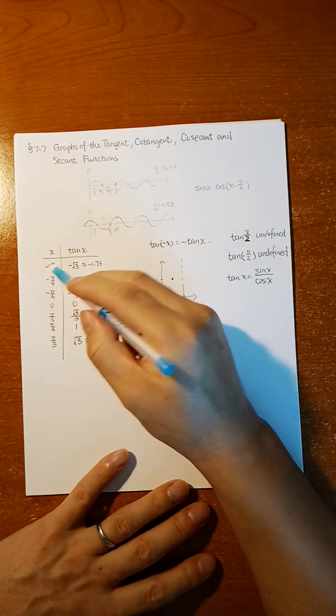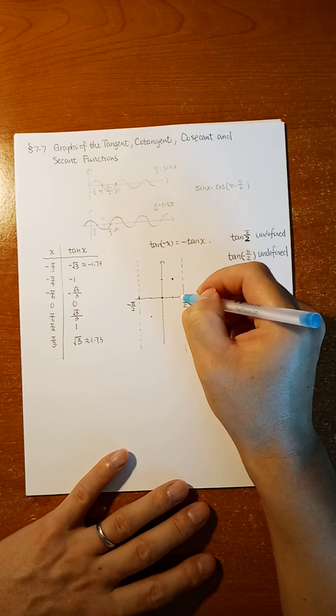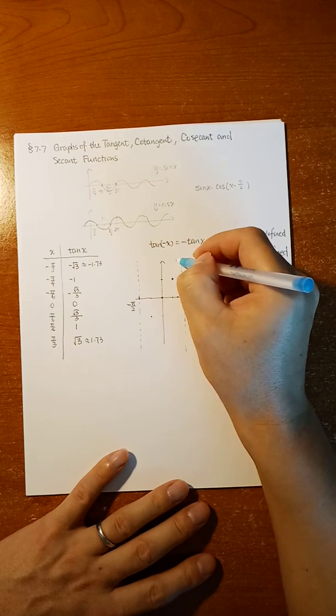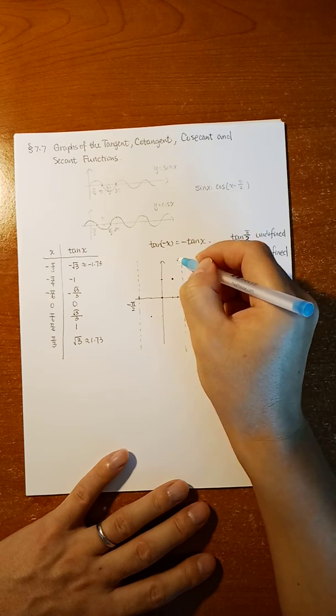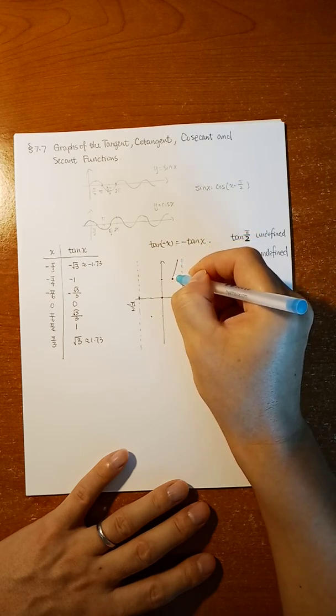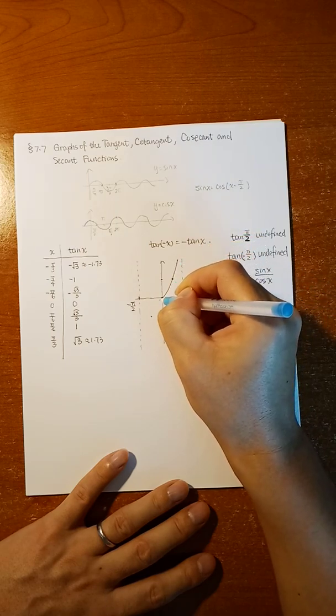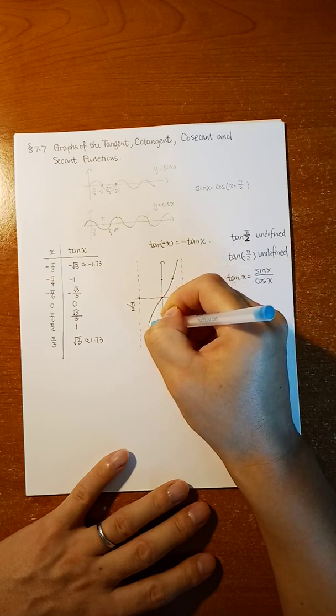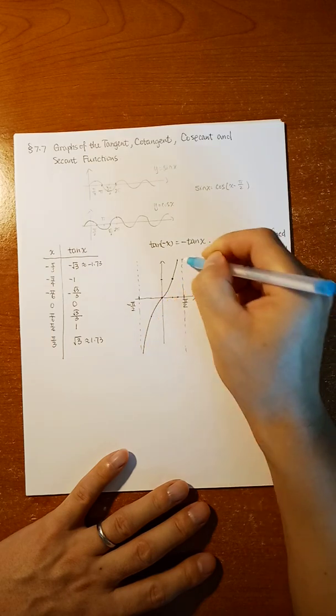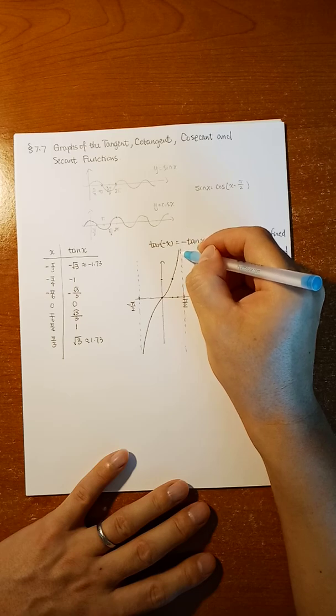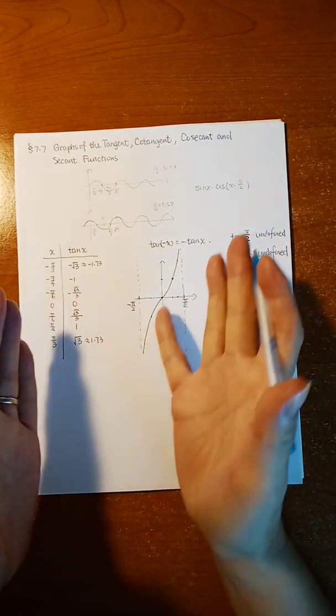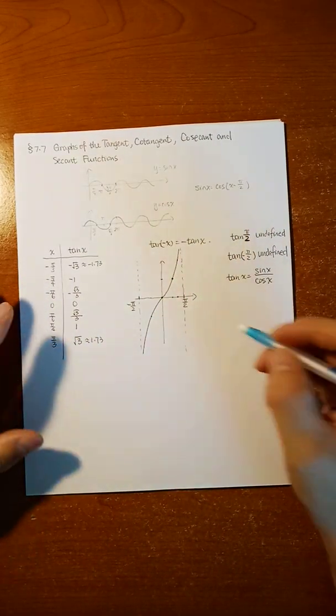So pi over 3 is someplace here, and negative pi over 3 here. If you have more values and you sketch it, you will have this. So this is the graph of the tangent of x.